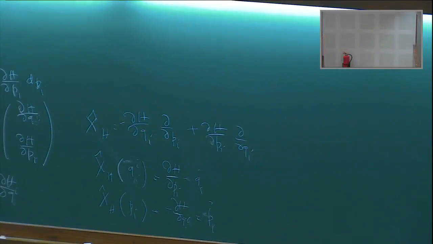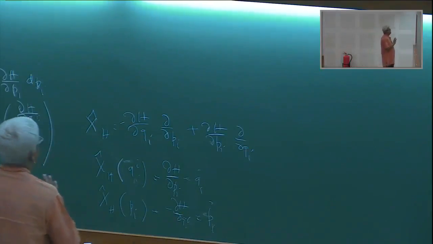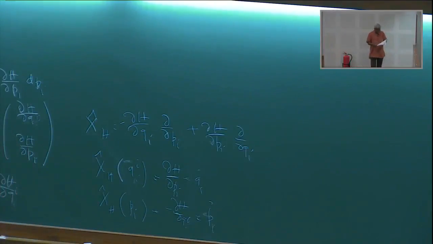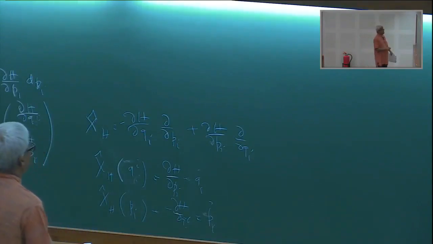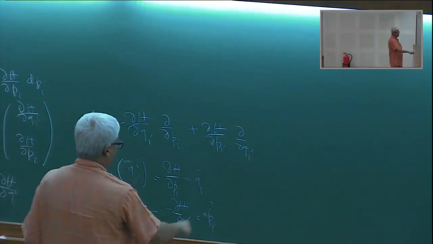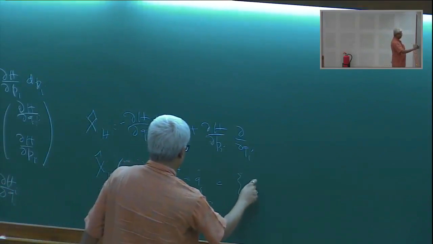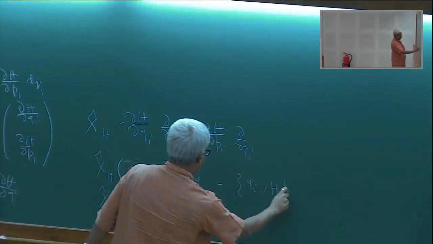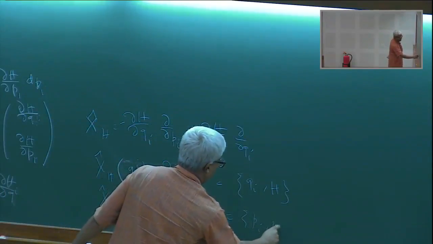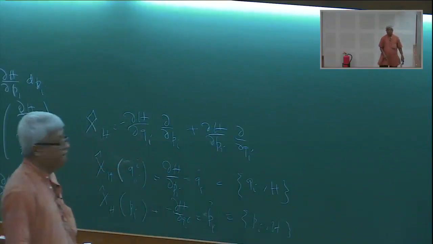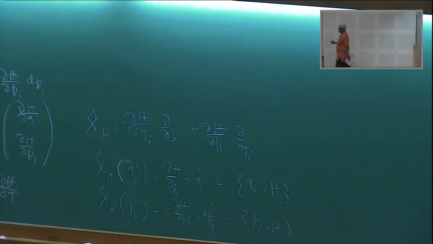Why am I saying this? See, these are conservative systems, and conservative systems have some kind of interesting feature. This thing I can write, for example, and I can also write p_i comma H. You know this is a Poisson bracket.